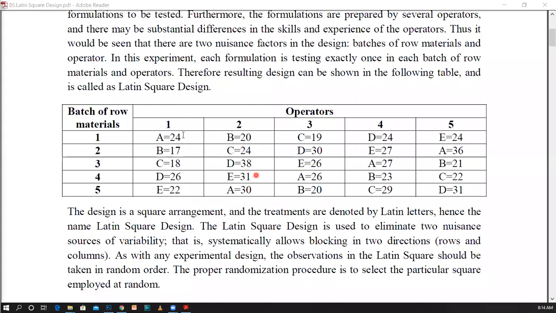And if you consider the blocks in the column-wise also, here also you can see that all the treatments were applied inside a single block.